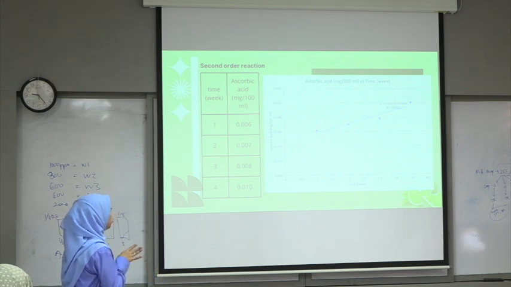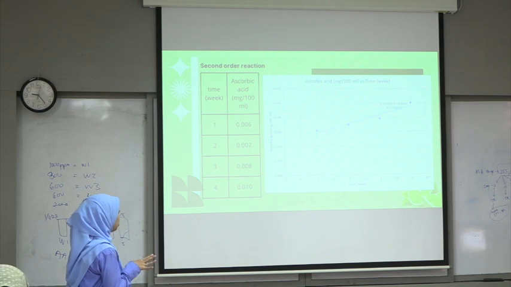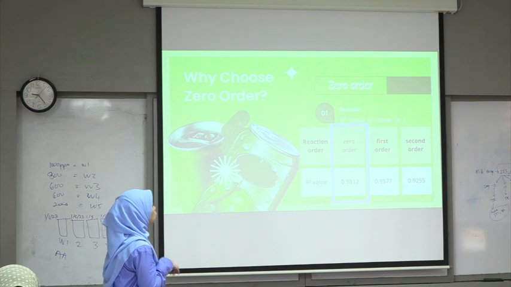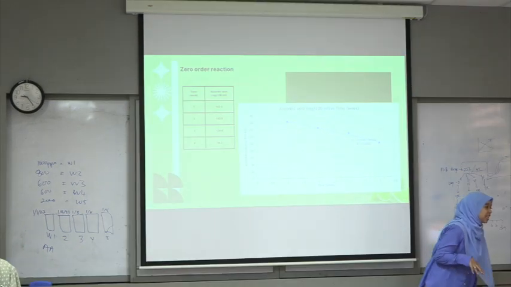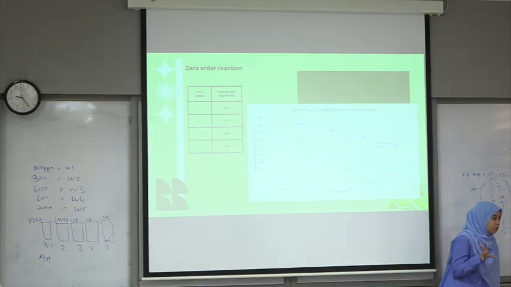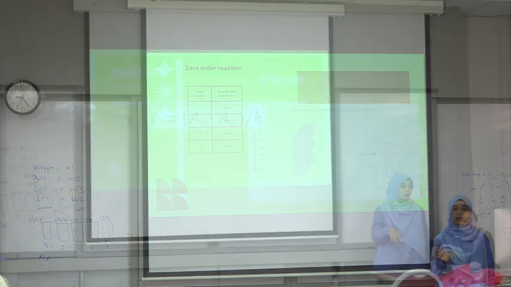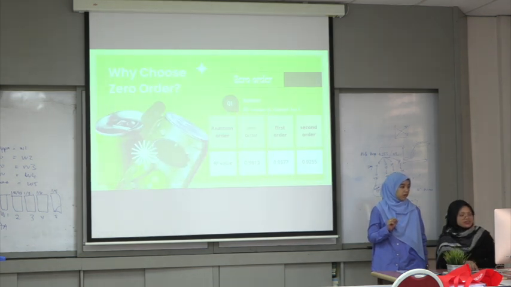From the three graphs that we constructed, the R square closest to one is from the zero order reaction. The reason we construct all these three graphs is because we want to find which R square is closest to one, and then we have to find the k.